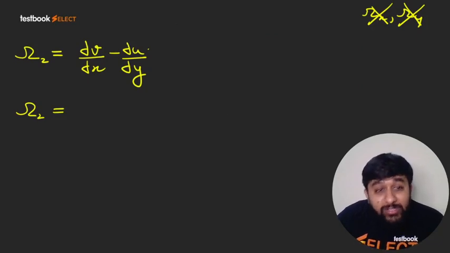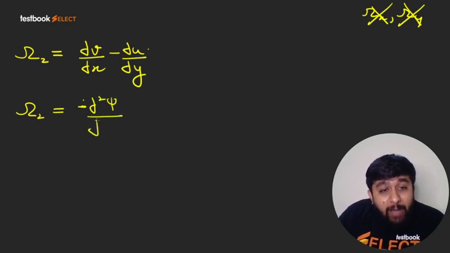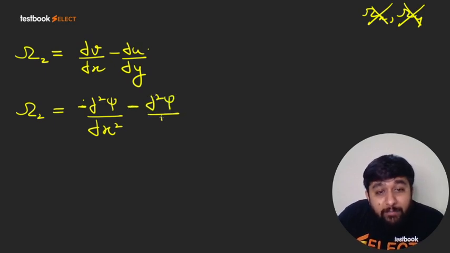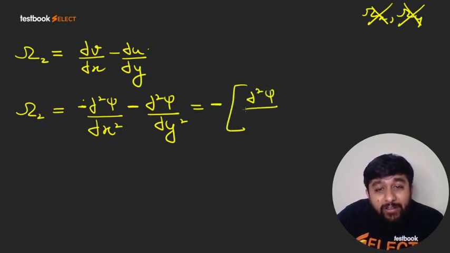It is del square psi by del y square. So this will become minus del square psi by del x square minus del square psi by del y square, and you can take the negative sign common and you will have del square psi by del x square plus del square psi by del y square.